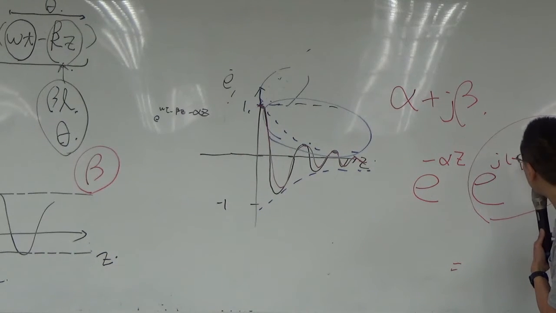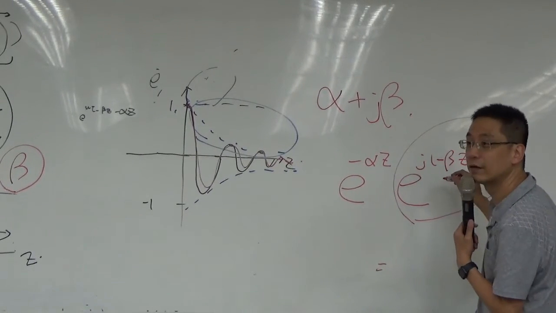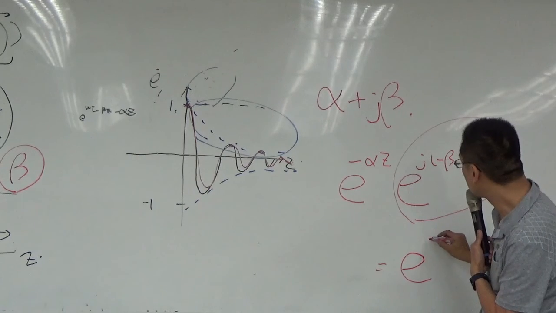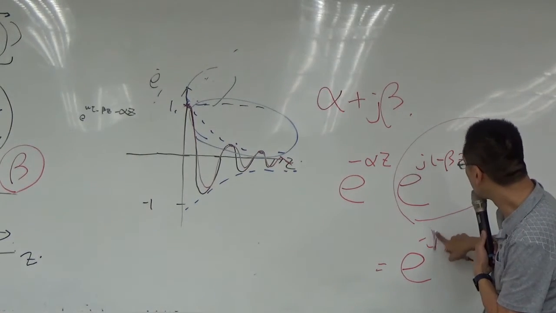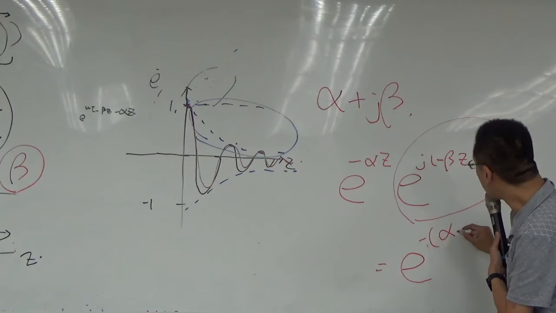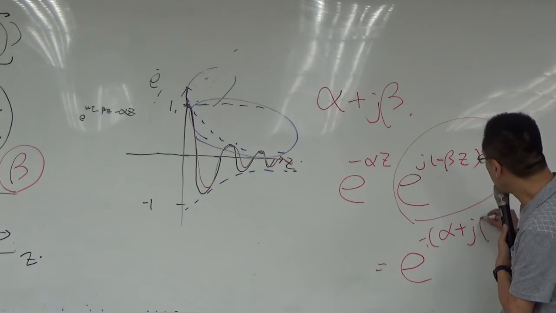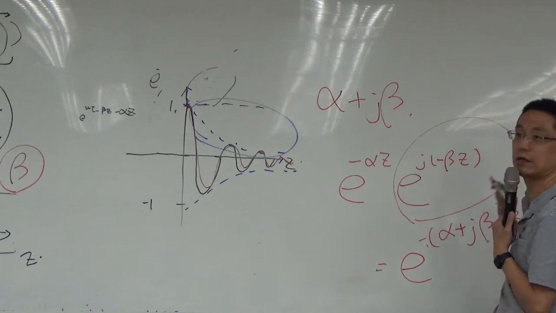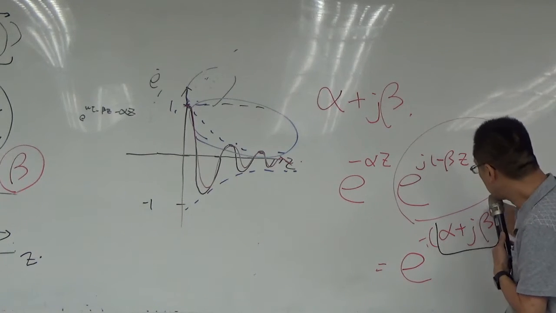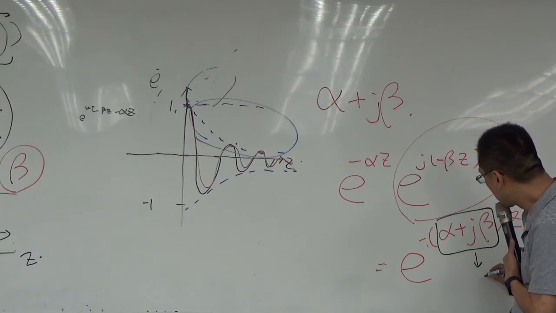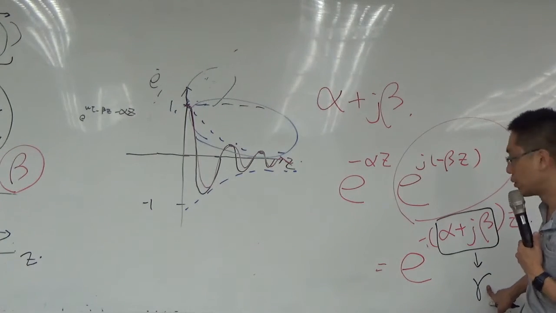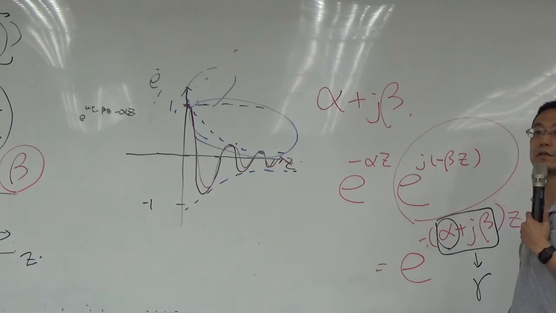I only think about beta z, okay? We don't consider omega. We put that together. This one will equal minus alpha plus j beta z. This is our complex propagation constant with loss.